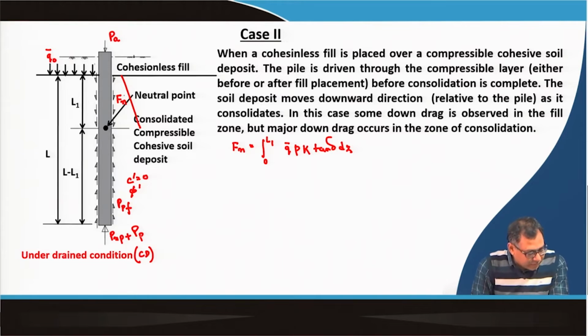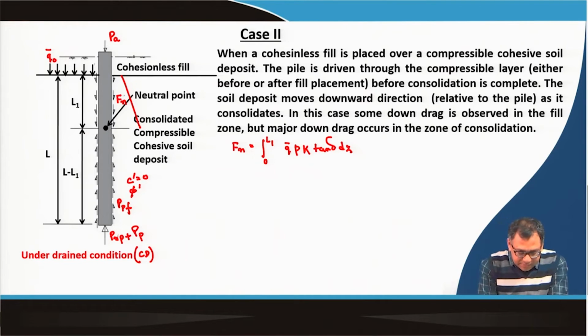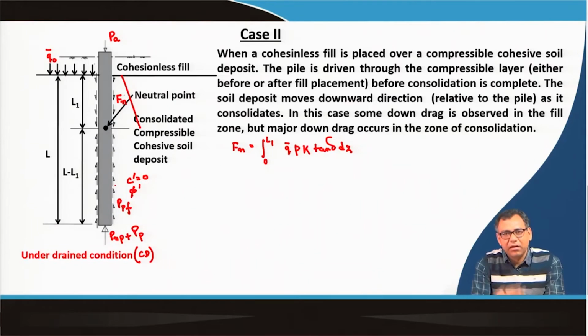Okay. So what is PNP, what is PP? PNP is the tip resistance the pile gives when there is negative skin friction. That means during the negative skin friction also, the pile will give some tip resistance. So that is considered as PNP, and PP is the normal tip resistance that the pile gives.